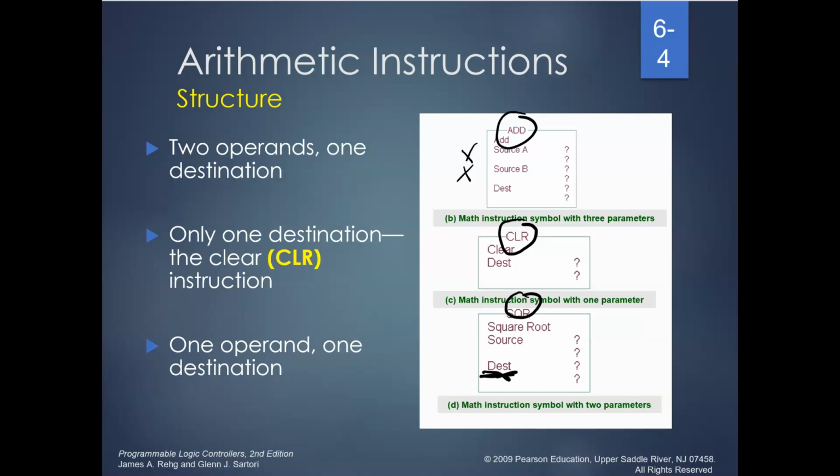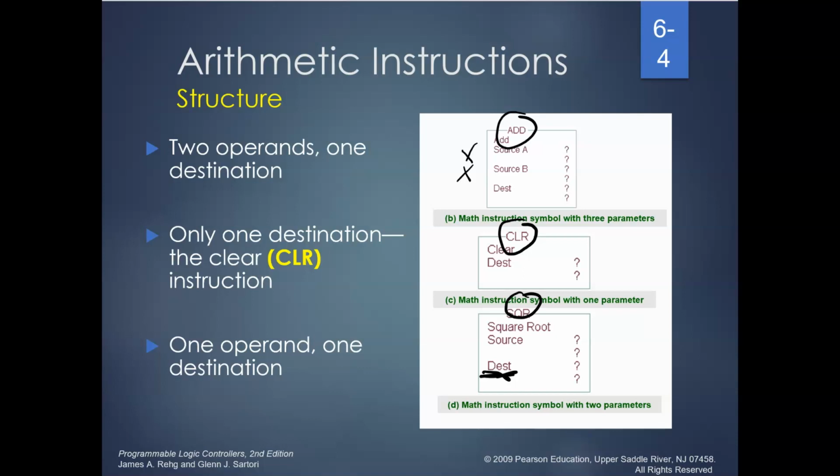So there is no operand or source in the clear instruction, and then in SQR you only need one source, and the operation will be performed on the data from your source. The square root will be applied, and then you are going to save your number in your destination.